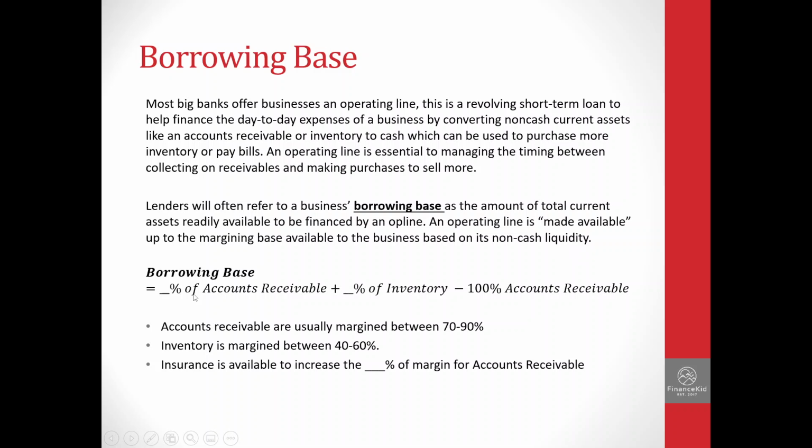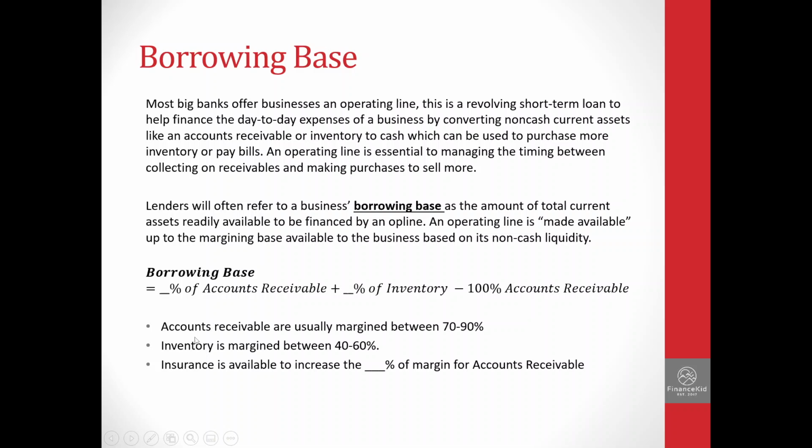And so the formula is, I, as a lender, am going to give you an X percentage against your accounts receivable, an X percentage against your inventory, less, obviously, 100% of your current liabilities. And whatever the net value is, that's ultimately what the borrowing base is.